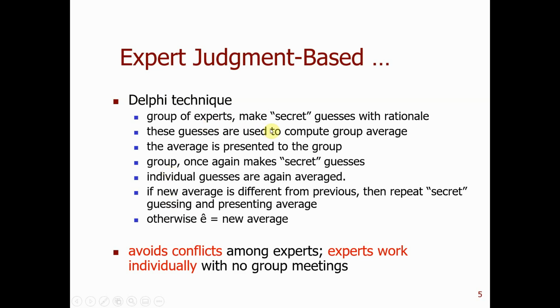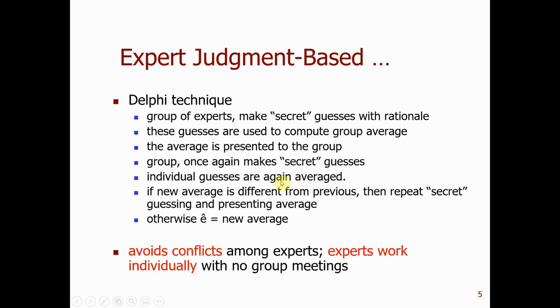This avoids someone very persuasive influencing the whole thing and his idea dominating the discussion. You don't want that to happen, so you allow everyone to make a fair estimate on their own. Then these guesses are used to compute the group average, and the average is presented to the group, and then the group once again makes secret guesses.